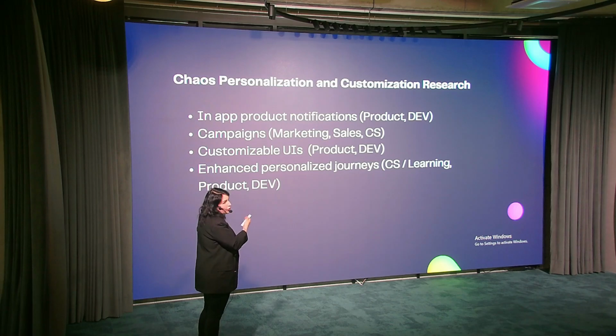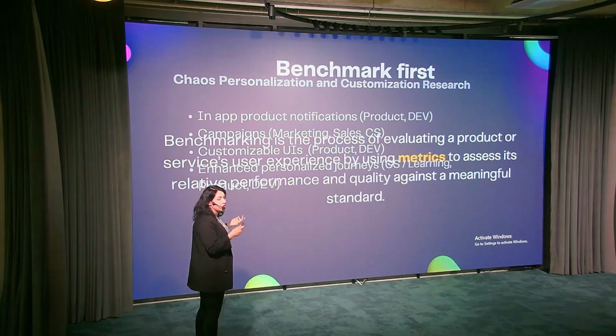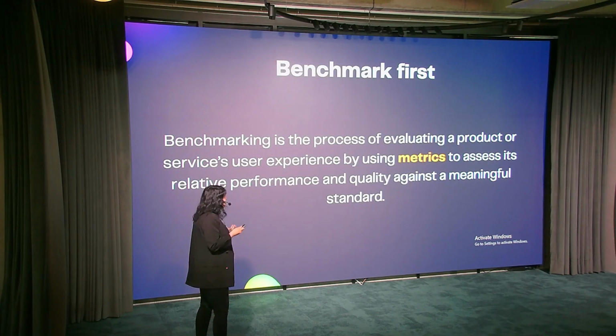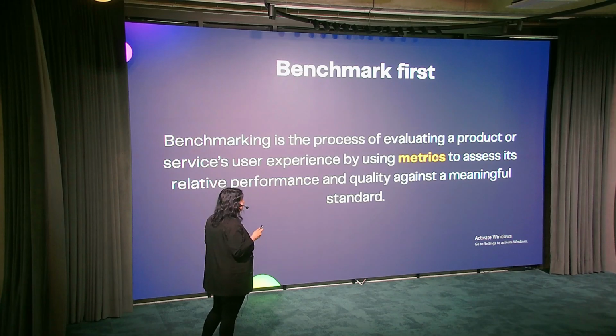So if we wanted to align with every single function for this research, we would have never executed it. We just started executing and aligned only with the people that made sense to be aligned with.